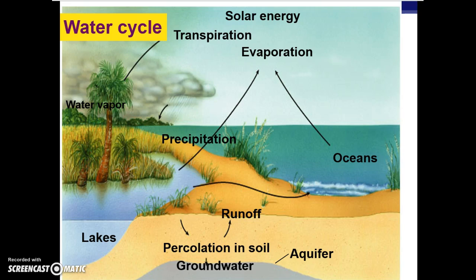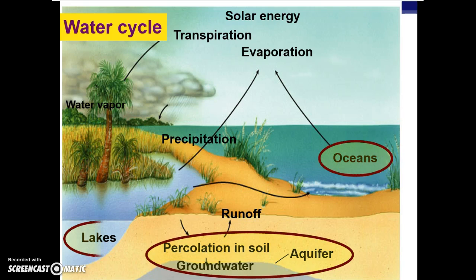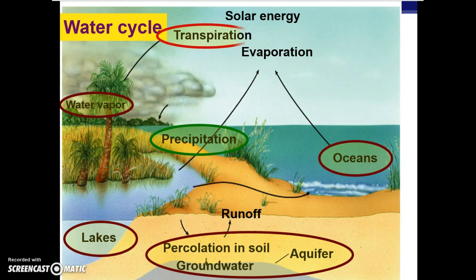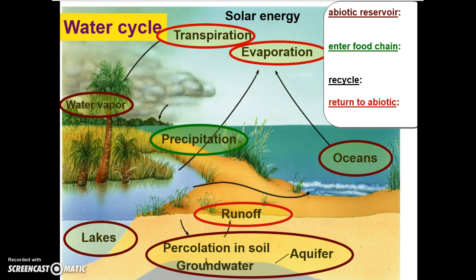Water is going to move through its cycle through the process of precipitation, transpiration, evaporation. There is some movement of it through runoff as well. Another part of this cycle is condensation, although that won't be quite as involved in the cycling.